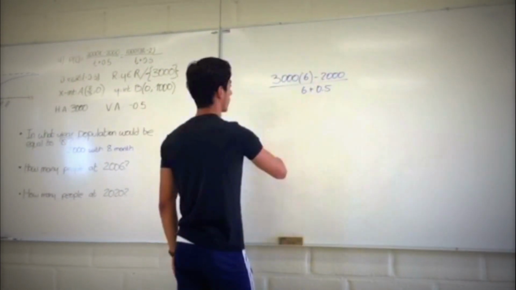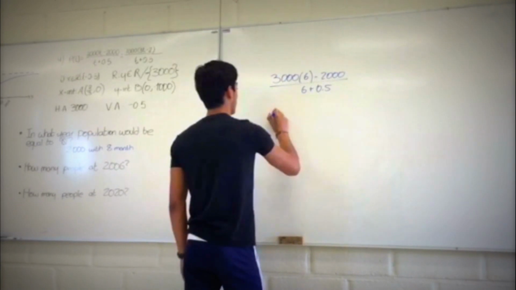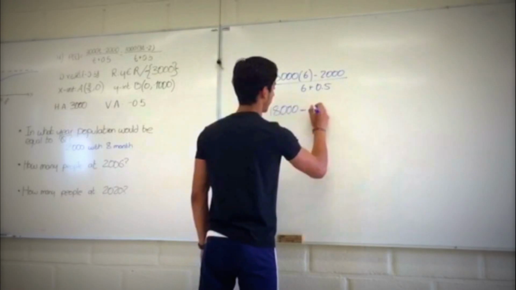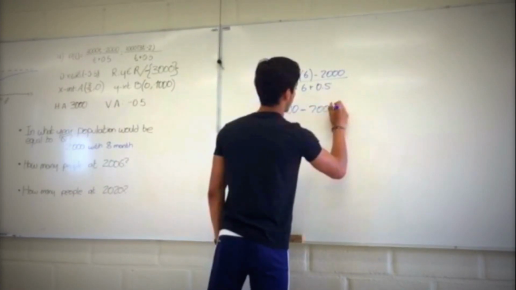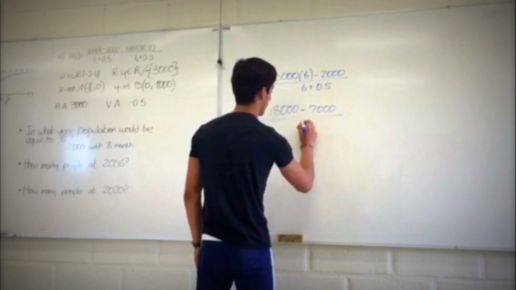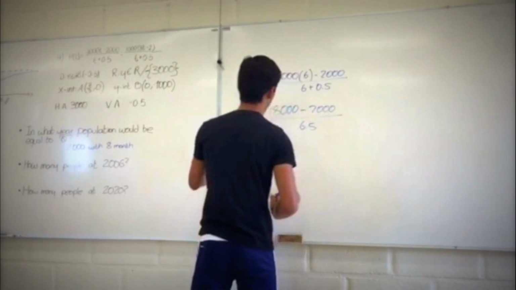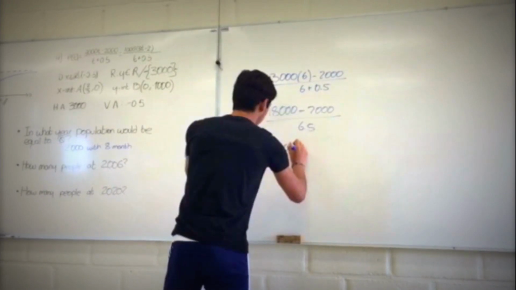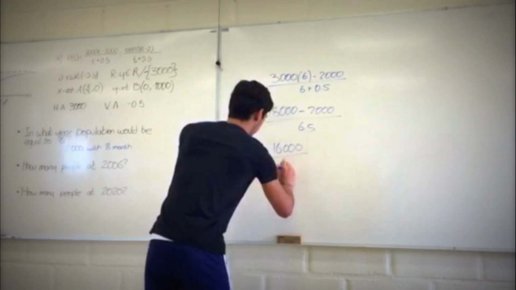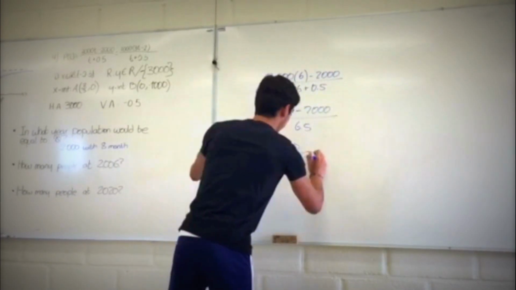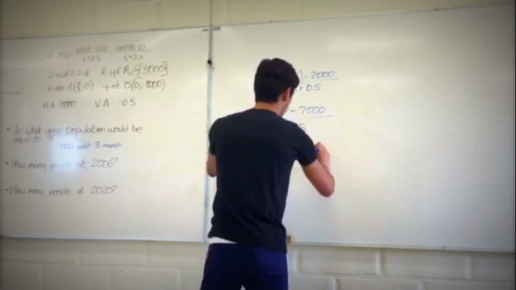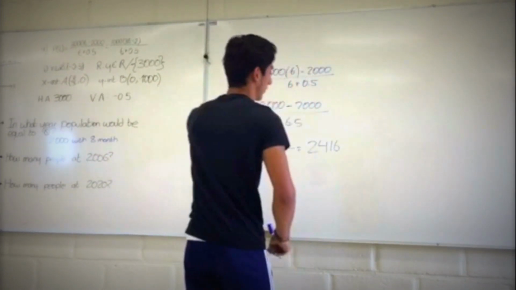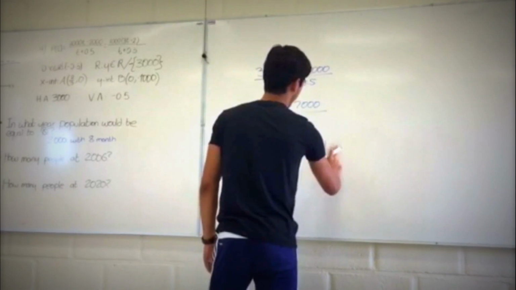This will be equal to 18,000 minus 2,000, divided by 6.5. So it will be equal to 16,000 divided by 6.5, which gives us a total answer of 2,416. Oh, sorry, 2,461.